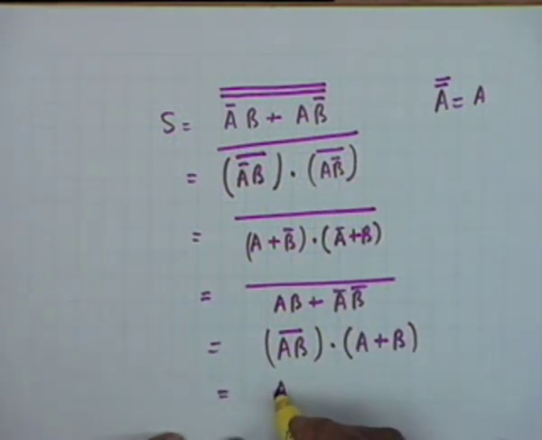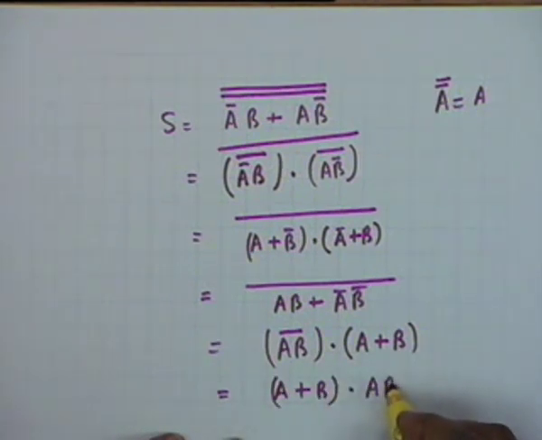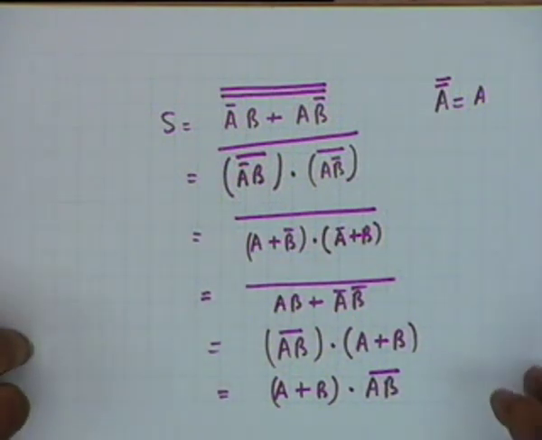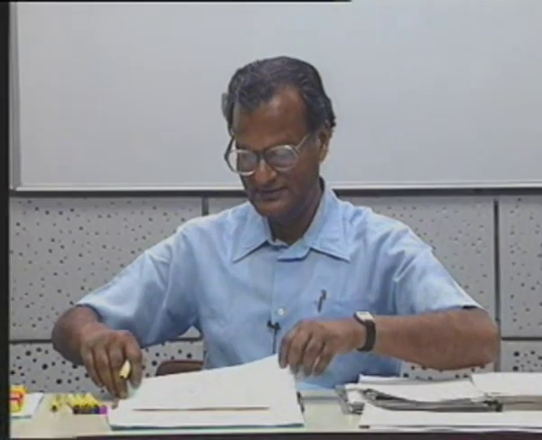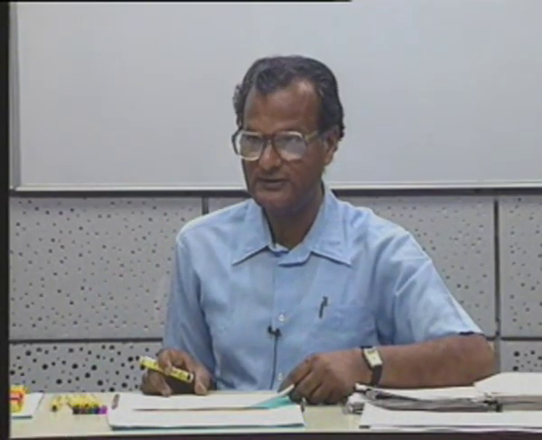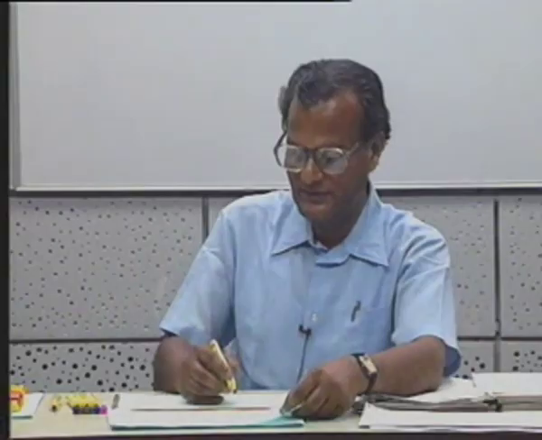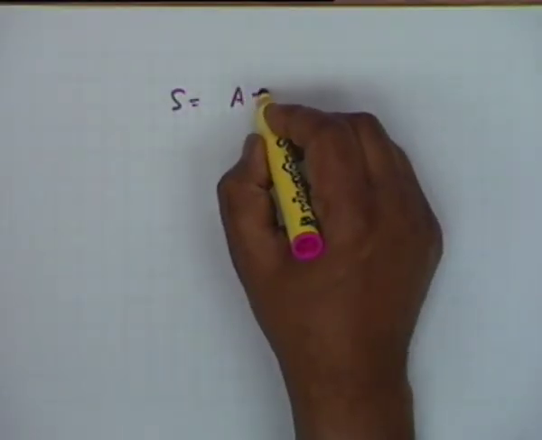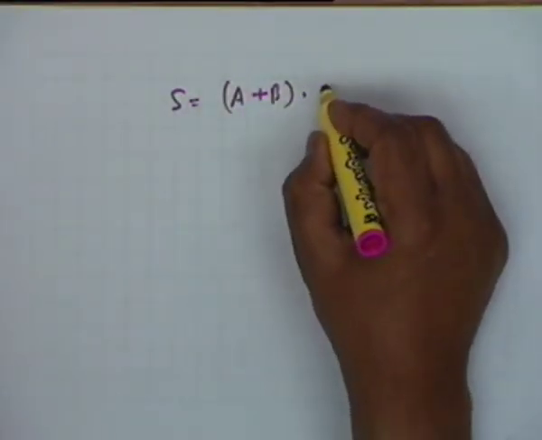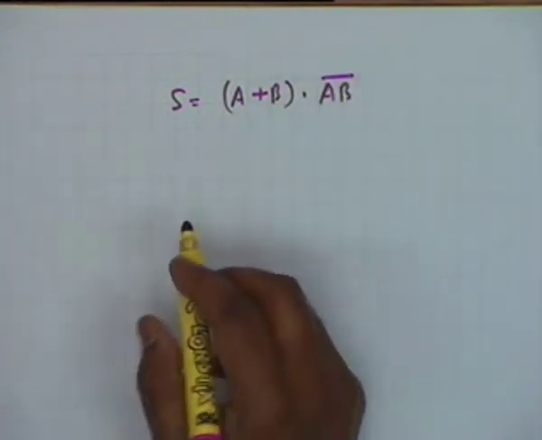Can I write like this, A or B and AB bar? Yes? Okay. Now let us see how this expression can be represented by another logic circuit. S equals A or B and AB inverted.